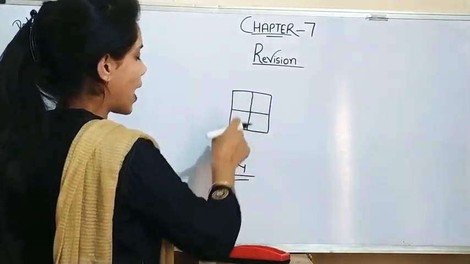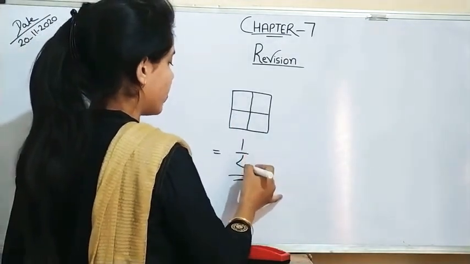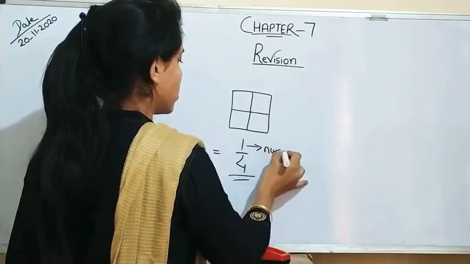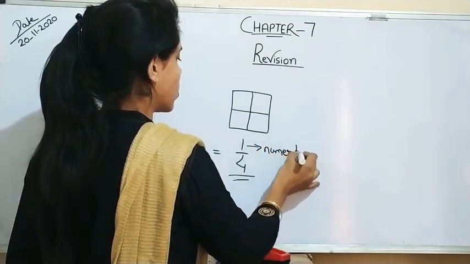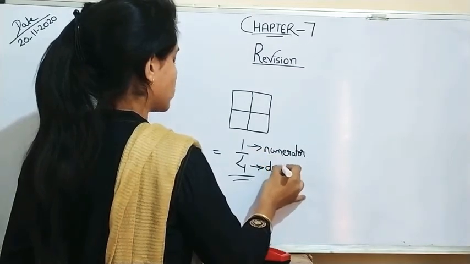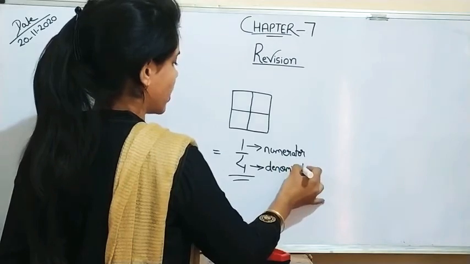It means I have made 4 parts and it is one shape. So it will be 1 by 4, and this upper part is known as the numerator and this lower one is known as the denominator.